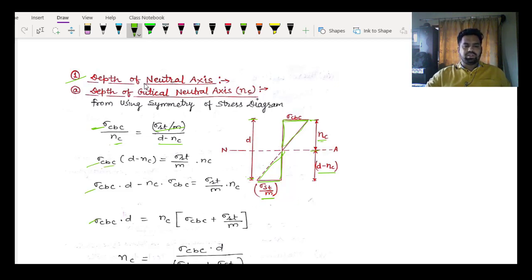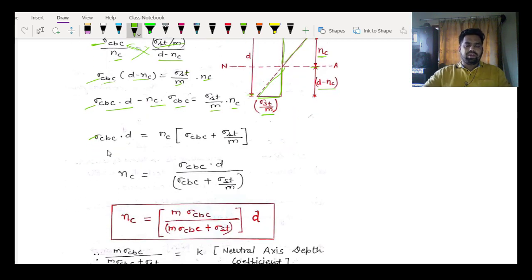So sigma cbc into d minus nc, simply cross multiplied, equals sigma st upon m into nc. Now multiplying sigma cbc into the bracket, sigma cbc d minus nc sigma cbc equals sigma st upon m into nc.